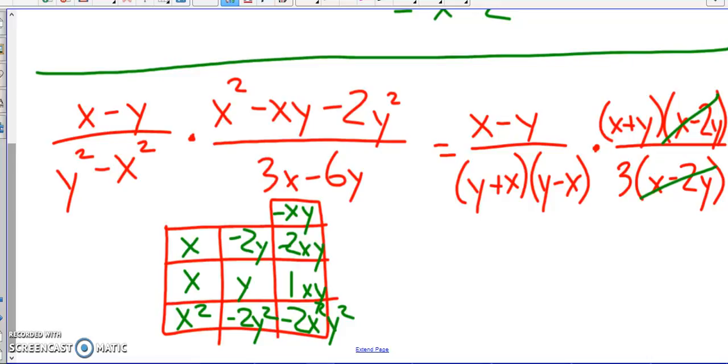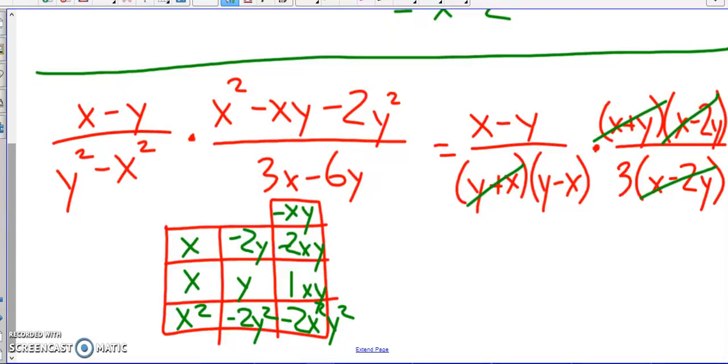Now, x plus y and y plus x, with a plus, that's the same thing, so I can cancel that. And then this one, these are backwards, but they've got a minus. So you've got x minus y and y minus x. Those are actually opposites. So if I were to cancel those, I would have to have a negative 1 in its place.